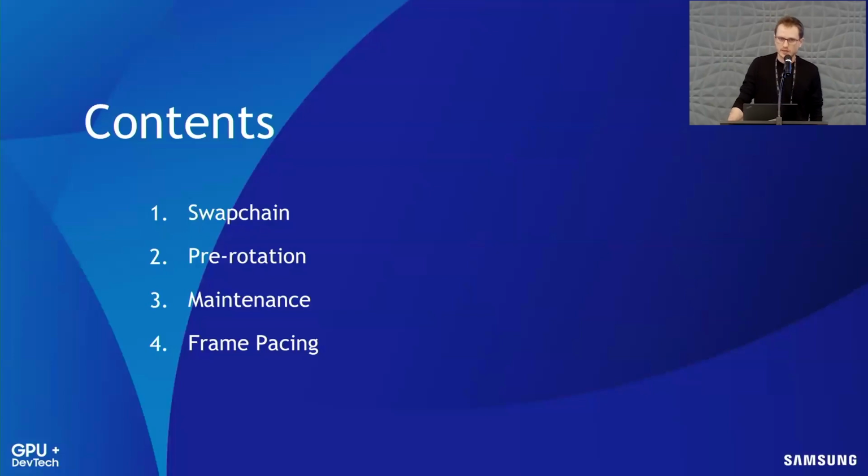Then the maintenance of Swapchain, just how can you work with it, and what extensions are there to help you. And as a bonus, if we still have time, I will go briefly over frame pacing and how to reduce power consumption and frame stuttering.